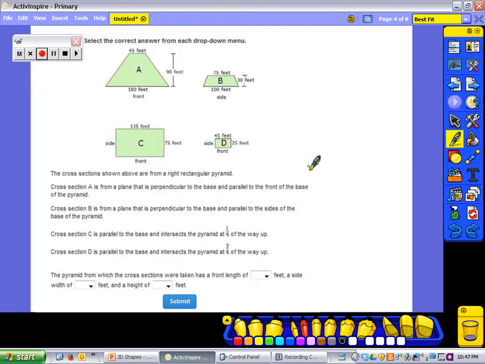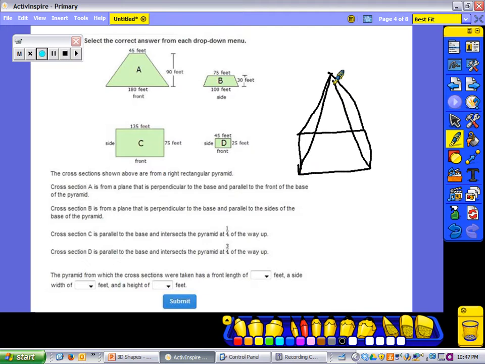Right off the bat, you've got to know what a right rectangular pyramid looks like. It's rectangular, which means it's a rectangle at its base, and it's a pyramid, so that means each one of its faces is a triangle. It says cross-section A is from a plane that is perpendicular.